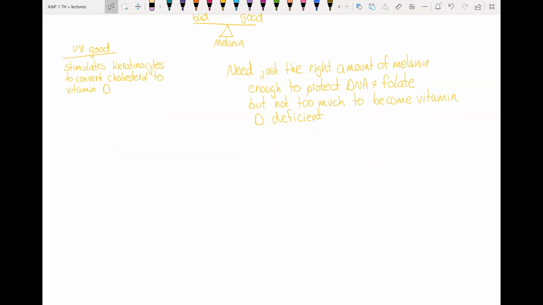And there are two ways that your body adjusts. So there are two factors that determine your melanin. One is genetic. You inherit the color and your baseline production, the minimum amount that you're going to make, from your parents.